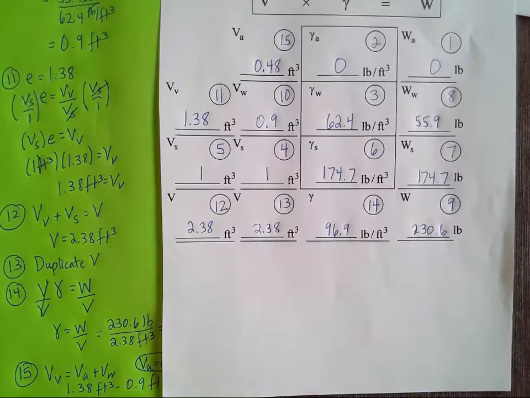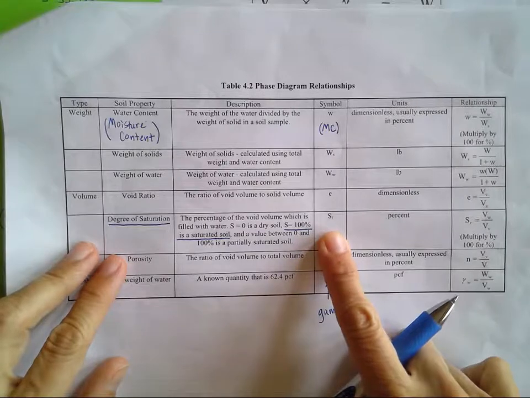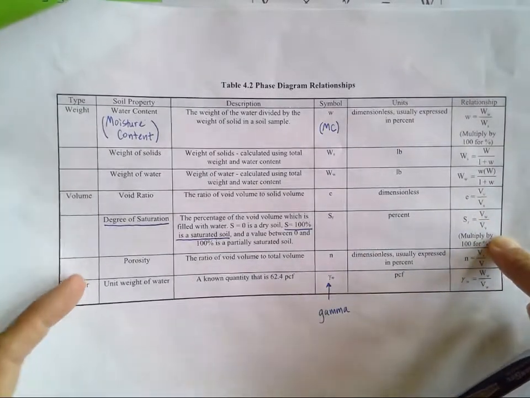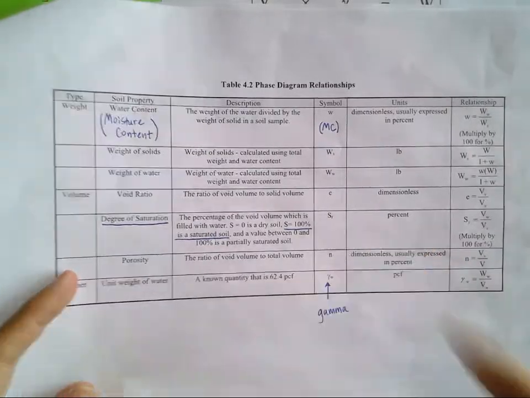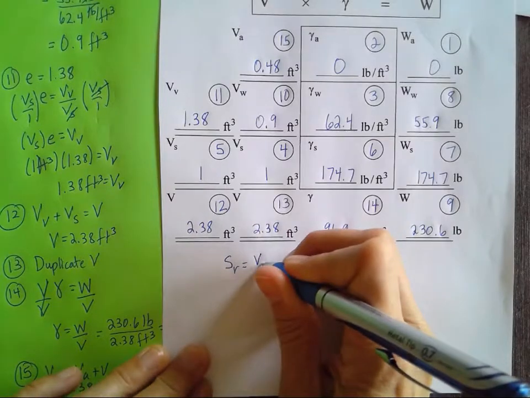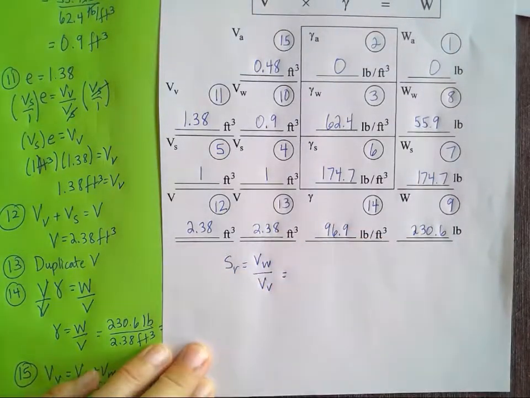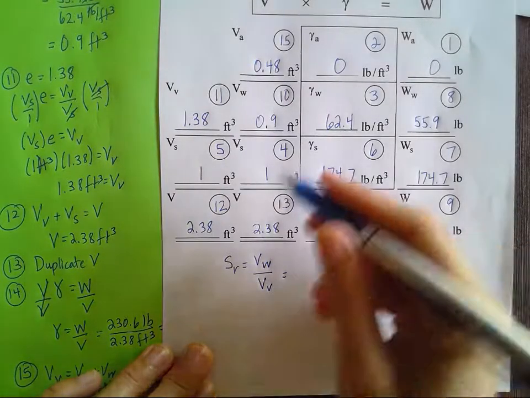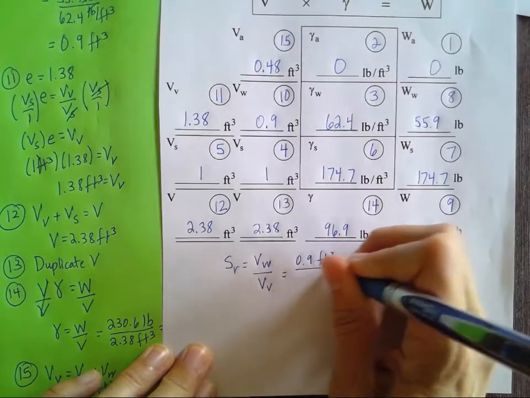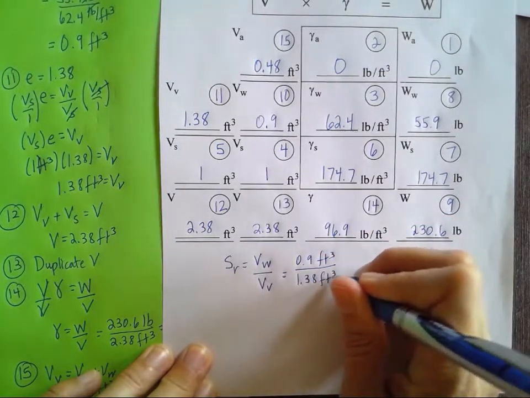And if you remember from your phase relationships, the saturation degree is equal to the volume of the water over the volume of the voids. And we're going to express that as a percent. So we'll just put that here. SR equals VW over VV, and in that case my values are 0.9 cubic feet over 1.38 cubic feet.